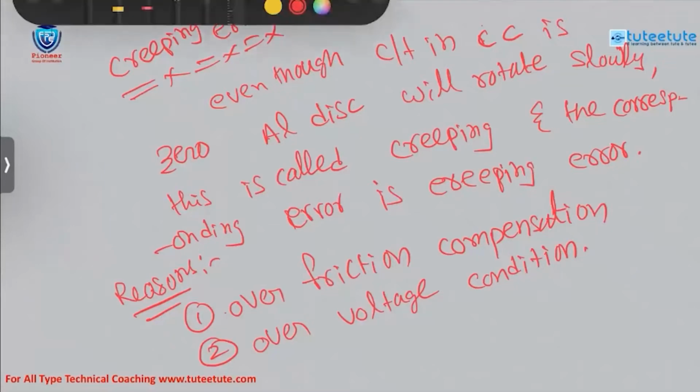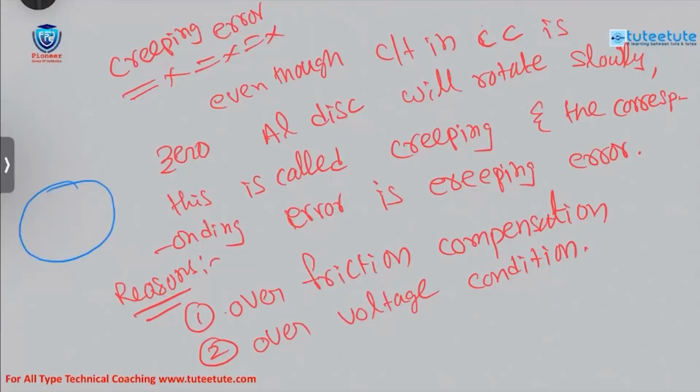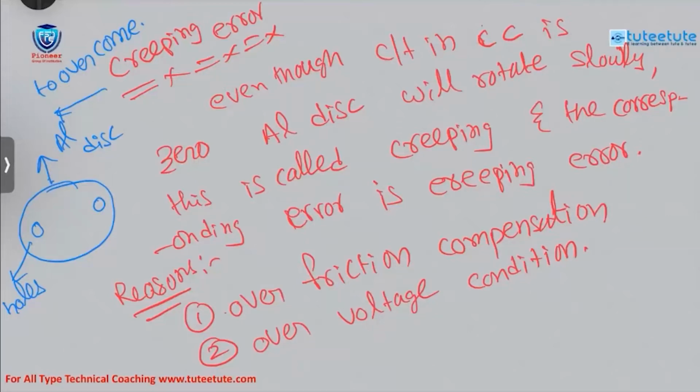How do we overcome this creeping error? If you see the aluminum disc like this, they drill two holes in opposite directions. These are the holes. To overcome creeping error, they made two holes on the aluminum disc. Why? Because whenever holes are there, the reluctance is high.